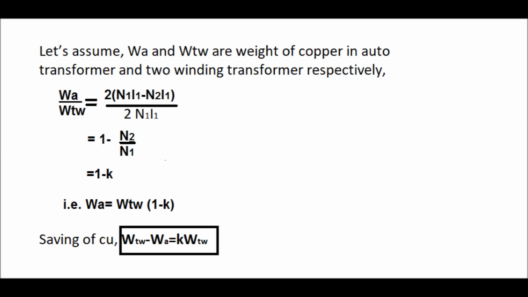WA is equal to WTW into 1 minus K, so the saving of copper is equal to K into WTW.